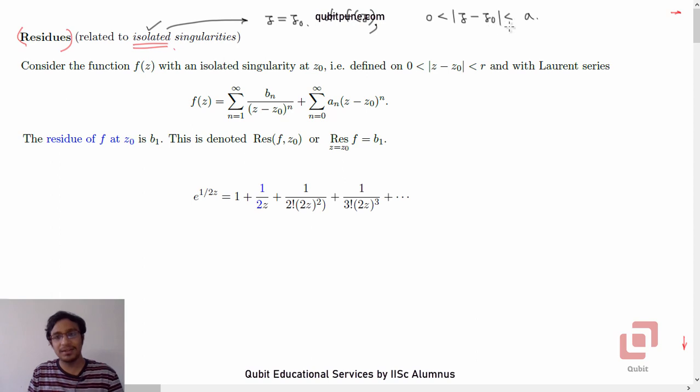There is at least one circle of non-zero radius which only covers that singularity. So residues are related to only isolated singularities.